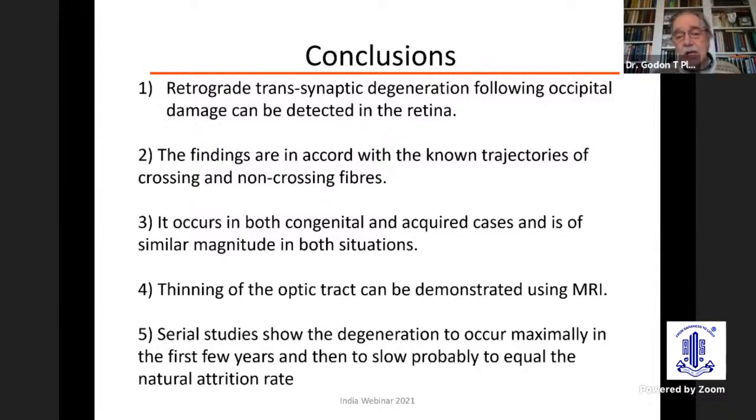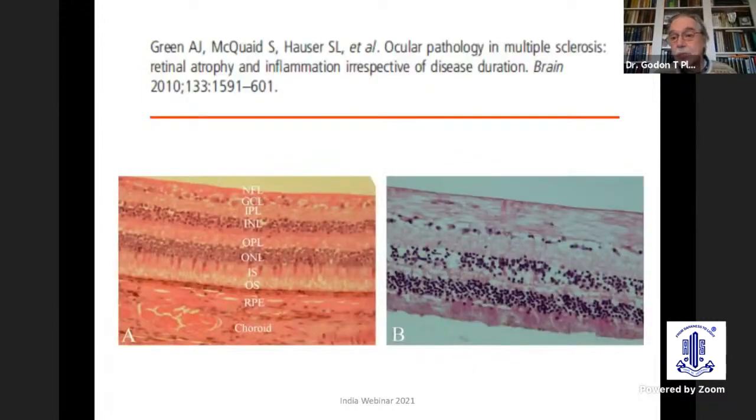And of course, there are many attempts at neuroprotection, but that tends to be for the damaged axon. This is a much slower process, and I think holds much more hope for neuroprotection because of that. And very little is known about what actually causes this.